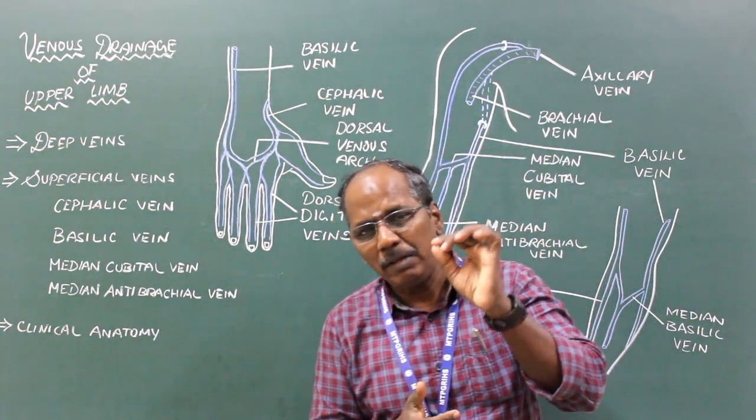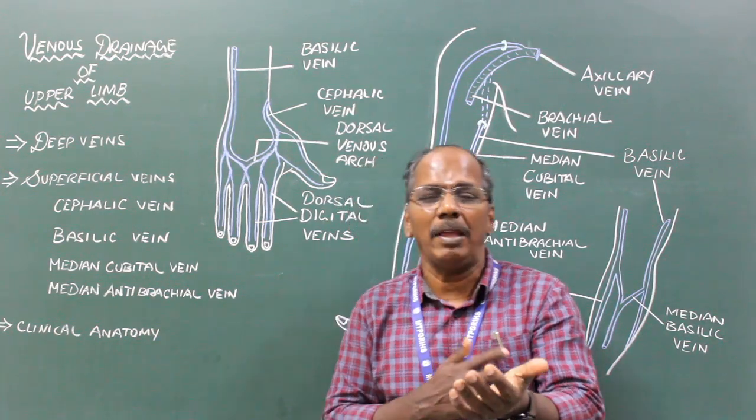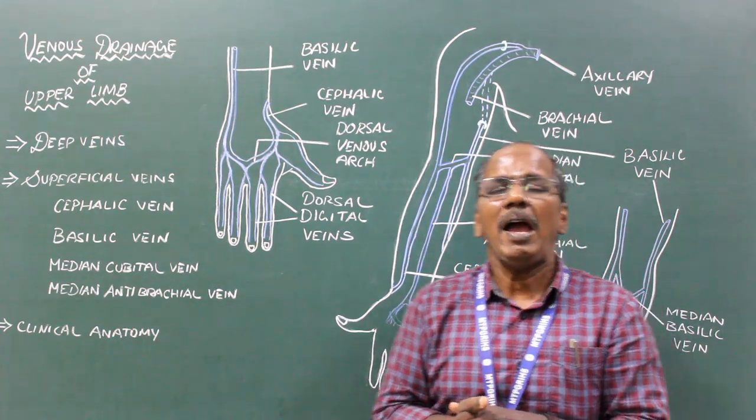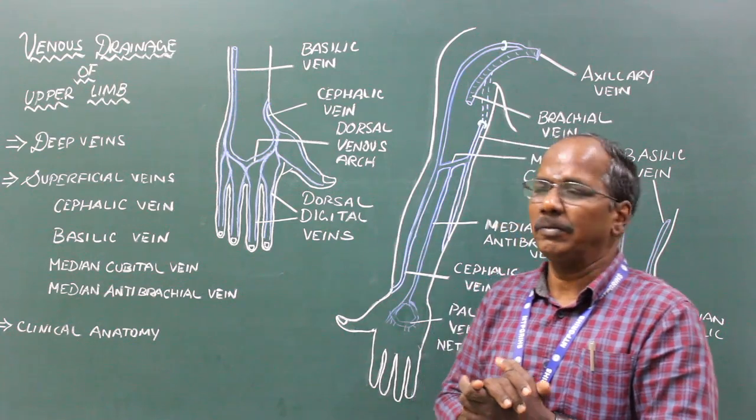So the deep veins include palmar venous arch, radial vein, ulnar vein, brachial vein and axillary vein. The axillary vein continues as subclavian vein.